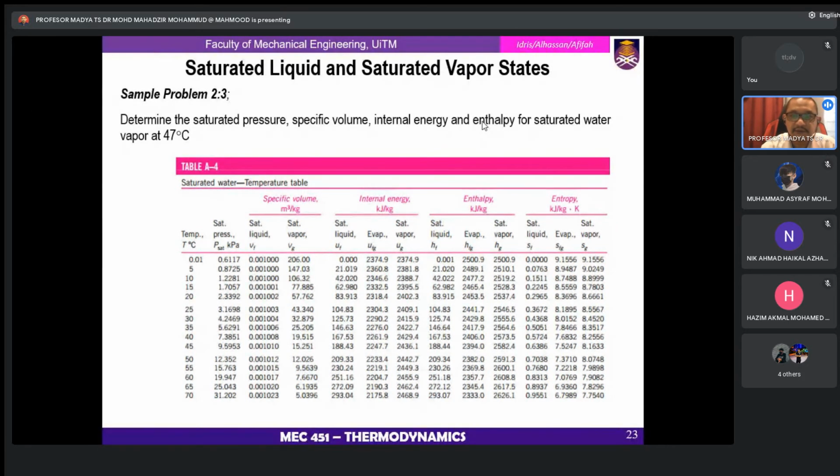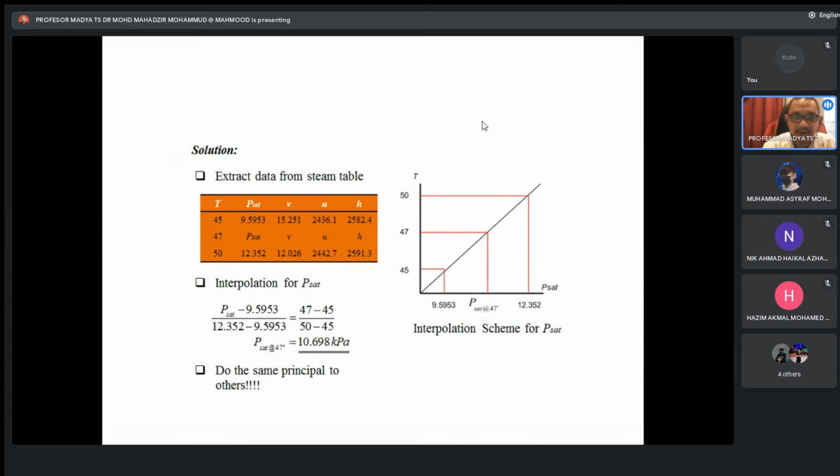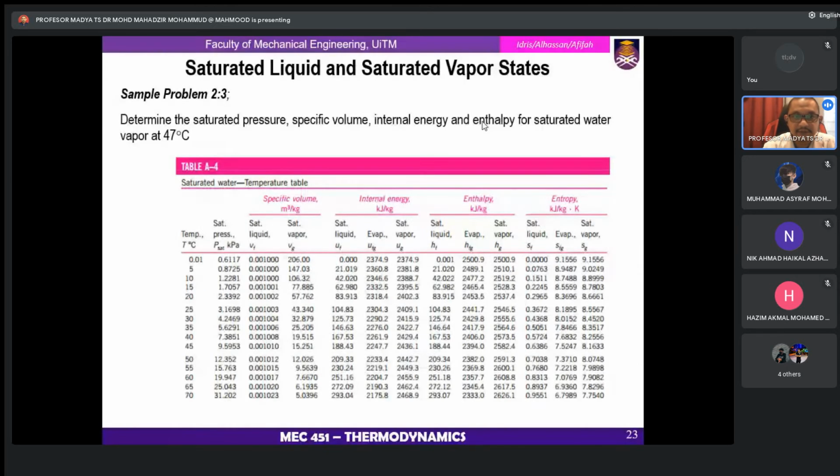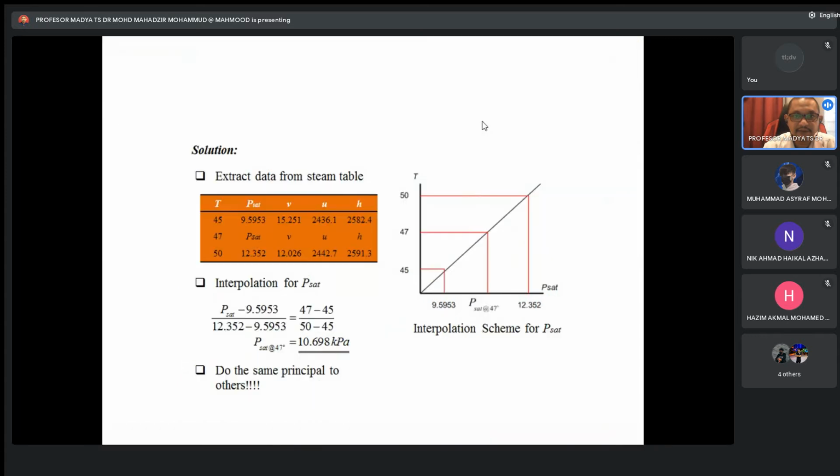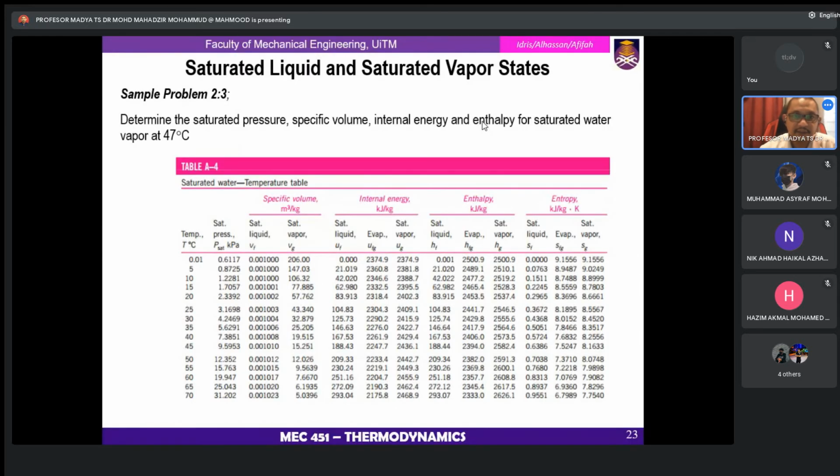This one is also the same as problem 2.2. You can do this exercise. This is the answer, because this exercise wants you to find pressure and specific volume of saturated water vapor at 47 Celsius.